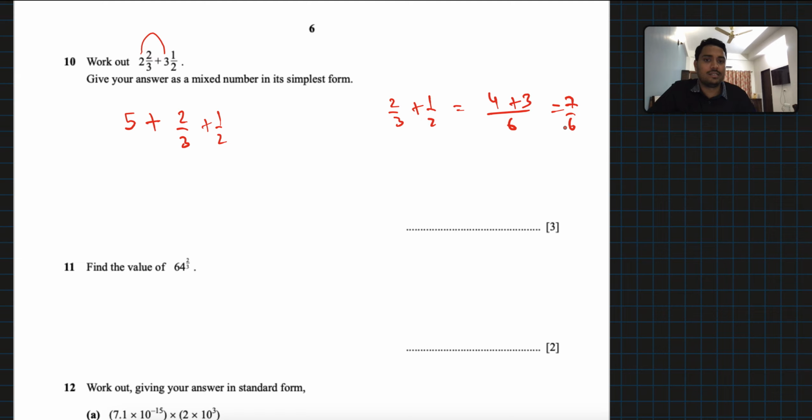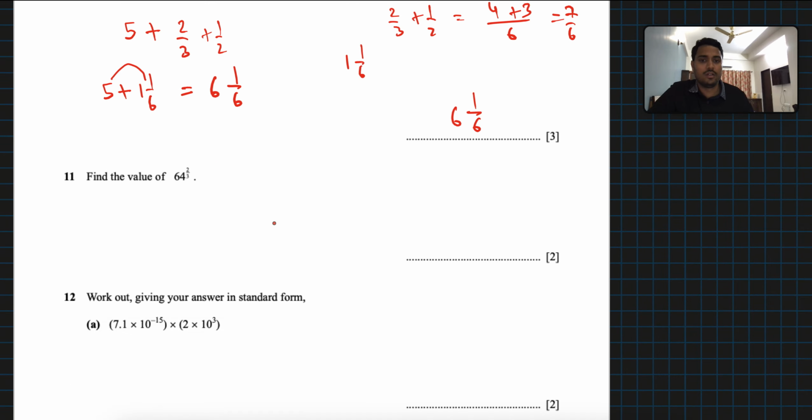Again it's an improper fraction. 7 over 6 can be written as 1 and 1 over 6, that is 6 times 1 is 6 plus 1, 7 over 6. So again we can add this with 5, so we have 5 plus 1 and 1 over 6, which can be written as 6 and 1 over 6. That's the answer, 6 and 1 over 6.